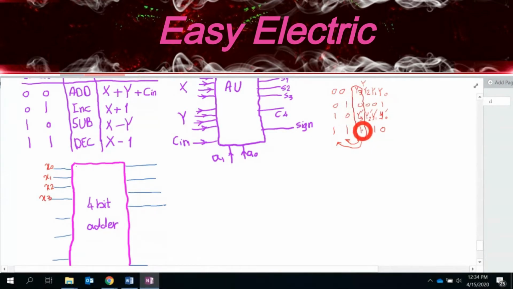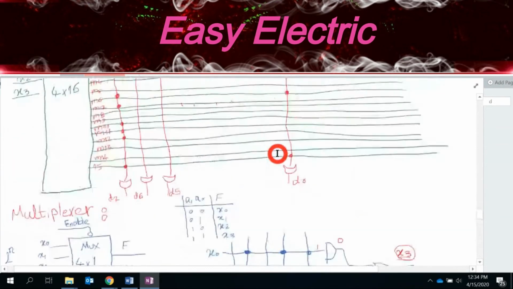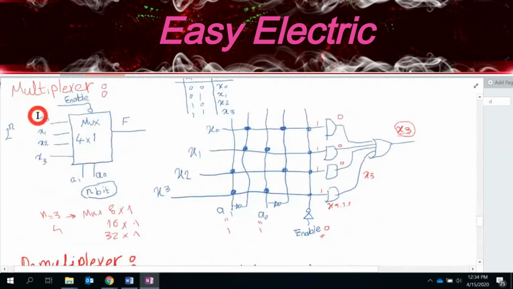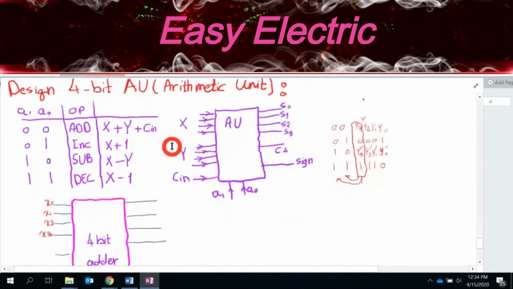So that means you have 4 inputs. Depending on the address, one of those inputs should be connected to the output. Which unit do we need to use to do that? Mux or demux? If you go back to what we learned about the mux, this is exactly the case where you need a mux. You have 4 inputs, and depending on the address, you connect one of them to the output. So you need a mux.